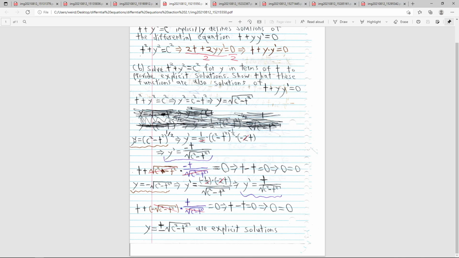Then we take the derivative, and we get y prime equals, we take the 1/2 down, and it's multiplied by this to the negative 1/2 power, because 1/2 minus 1 is negative 1/2, and you multiply by negative 2t because that's the derivative inside the parentheses, c squared minus t squared's derivative, which is just negative 2t. And the 2's cancel out, and we simplify down to y prime equals negative t divided by the square root of c squared minus t squared, because a negative exponent you can put in the denominator of a fraction.